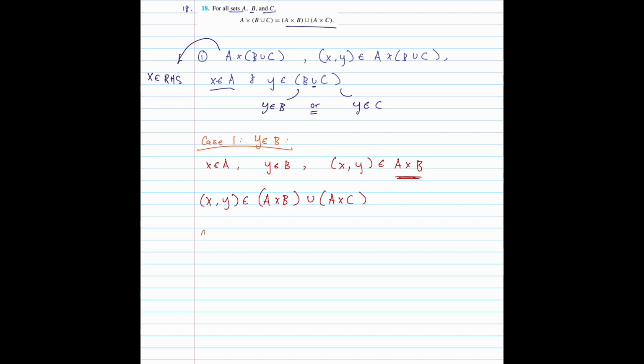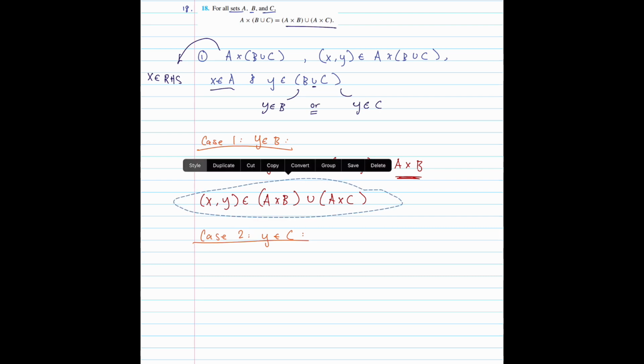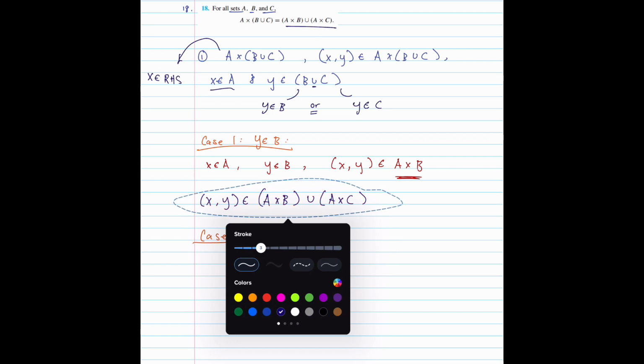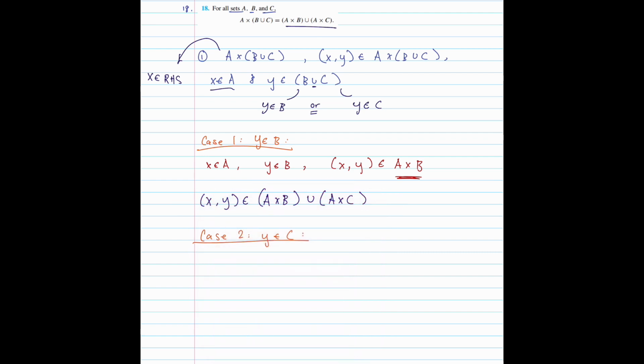Okay, case 2, where Y is an element of C. So we have that X is an element of A still, and Y is an element of C. So XY would be an element of A times C, which is once again part of the union right here.